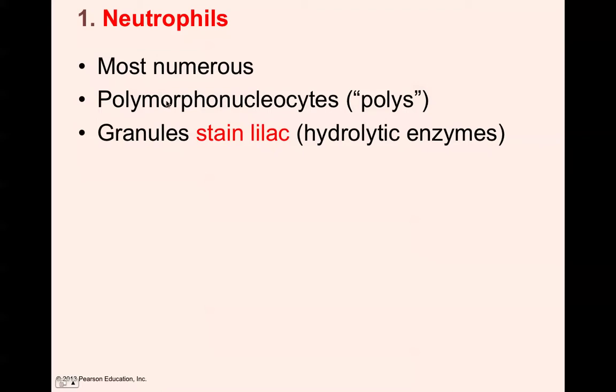It has a lot of lobules, as you will see when you look at the cell. It's a real unusual and large nucleus. For short, these are called polys. So if you hear them refer to polys when they're analyzing the blood, it's referring to these neutrophils. The granules stain a lilac color, a very light color. These cells are very phagocytic.